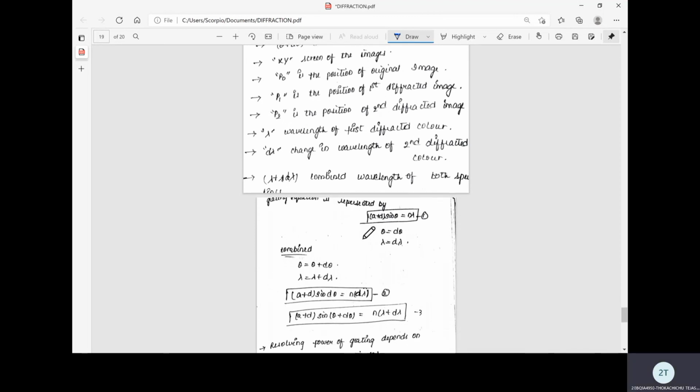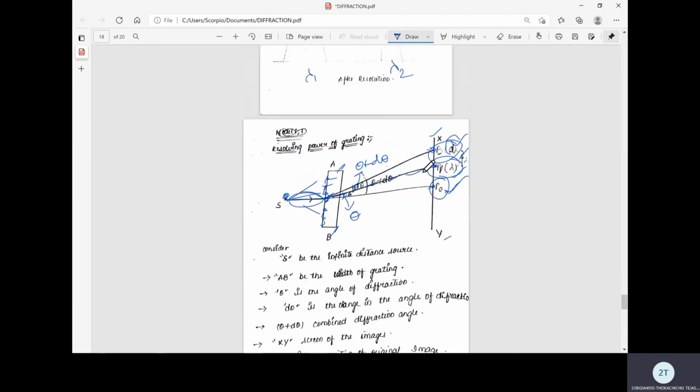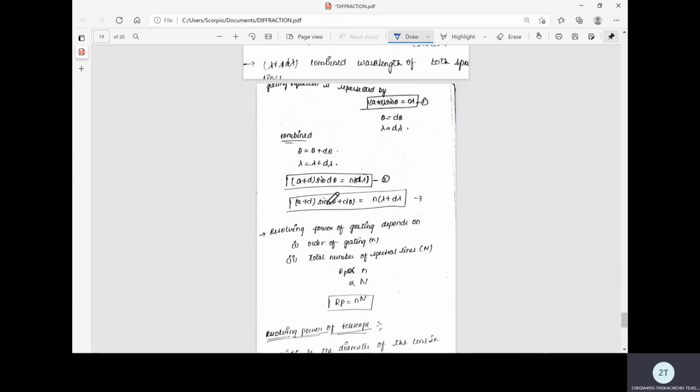Now, since we've seen the terms in this experiment, let's once again derive the formula. We know that the path difference here is also the same, that is a plus d sine theta equals n lambda, since a plus d is clearly the distance between two consecutive slits according to the path of the light ray, similar to before.